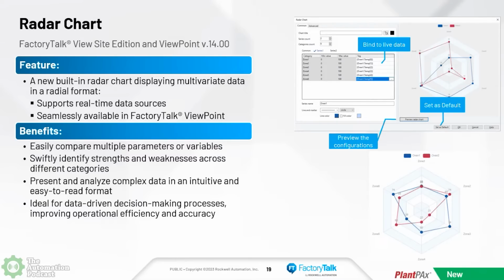Do you know what people are using these for? I see these quite a bit, but I've almost exclusively used historical trends for process variables. Do you know what they're using this for? These radar charts? It's quality control. A lot of this is you might have multiple ovens that you want to monitor at the same time. Typically, they'll create a series for the live data that's coming in.